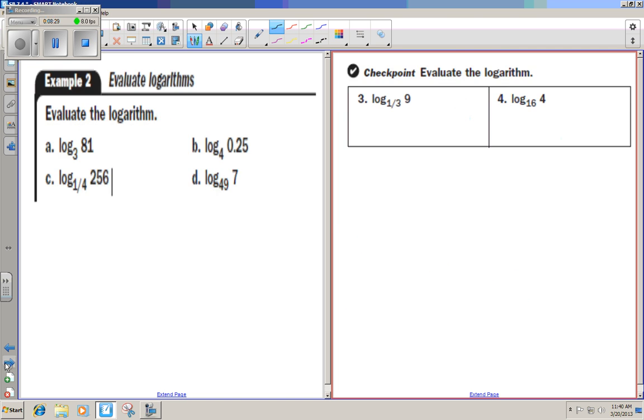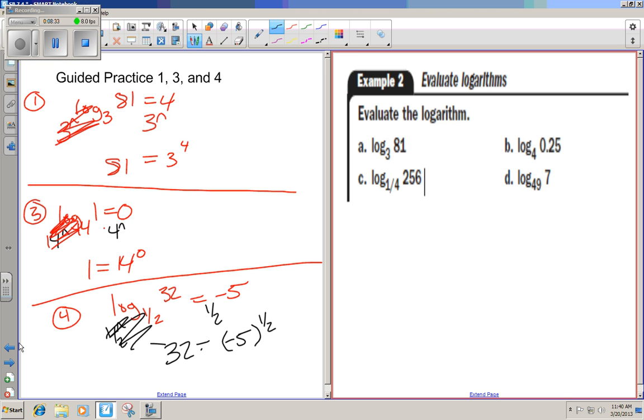Now, evaluating the logarithm. There are 2 ways you can do this. One would be to write this in exponential form. So this first one, if we let this equal x, you could say to yourself, how do you undo a log base 3? A base of 3. So 81 is equal to 3 to some power.